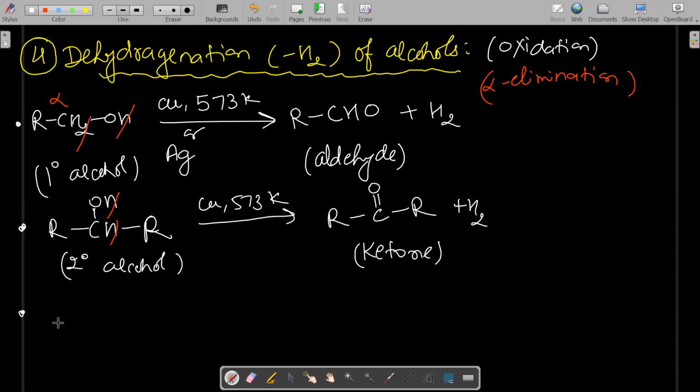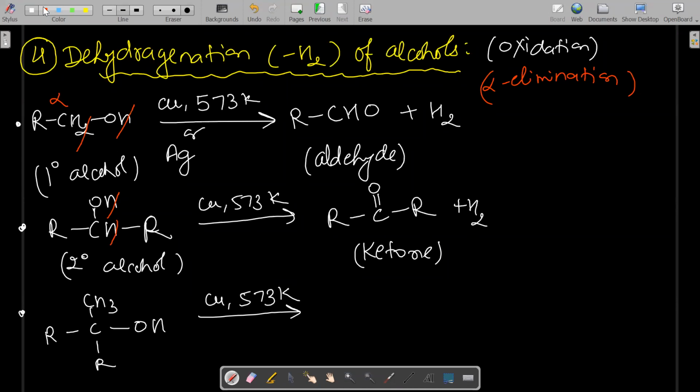Now the third is tertiary alcohol. Now watch this carefully. Okay, so this is tertiary alcohol. Now in tertiary alcohol, if you add copper catalyst at 573 Kelvin, what are you observing?